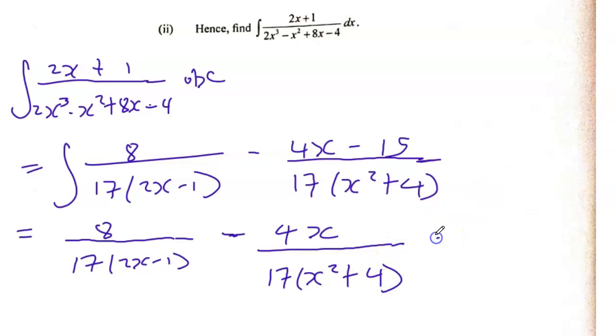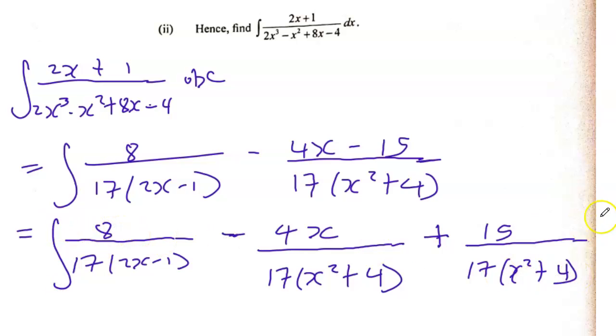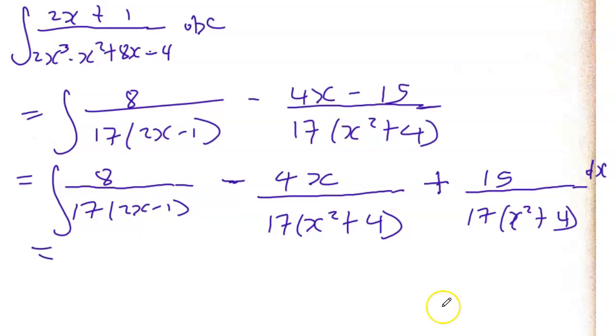And separate this. Plus 15 over 17 times x squared plus 4. And we're integrating, of course, with respect to x, so dx.